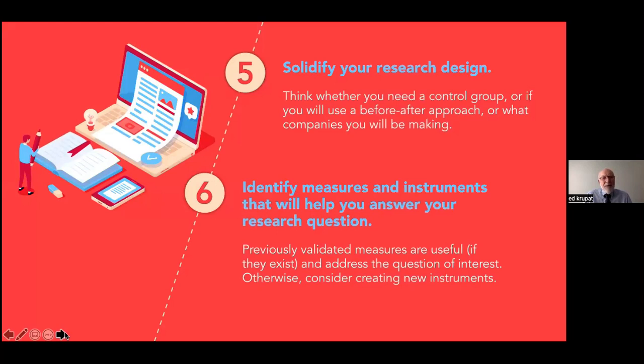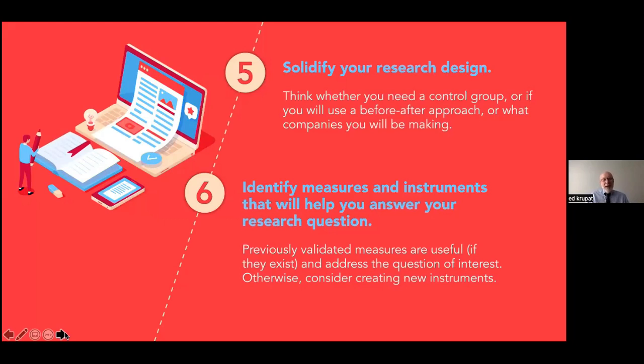Or maybe I should design it as a before-after approach, measure before and measure after. Can I do a randomized control trial? Probably not, but perhaps you can. So the idea is to understand really and to figure out what the specific nature of your design will be.